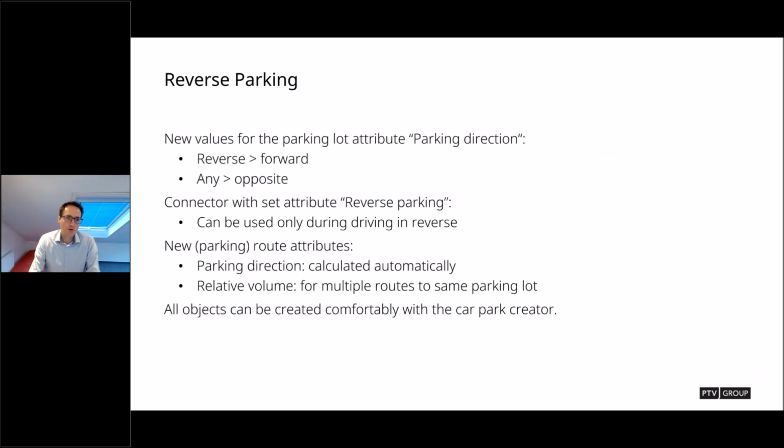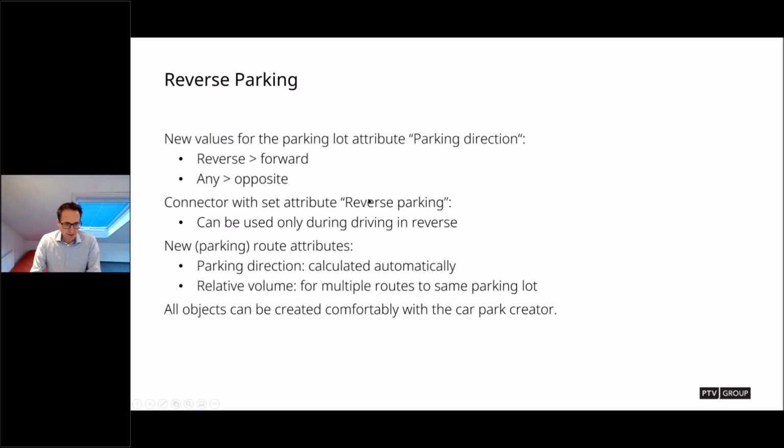So there will be new values for the parking lot attribute, parking direction. Currently it's backwards, forwards. And of course, there will then additionally be reverse, forward, and any. That means that in a parking lot, vehicles can choose to go forward in or backwards in. Both are possible, depending on the relative flow.